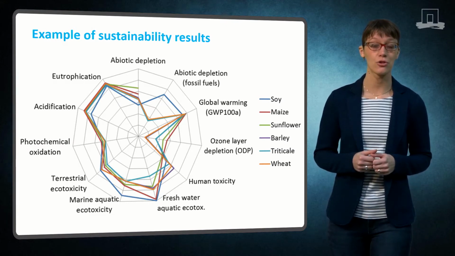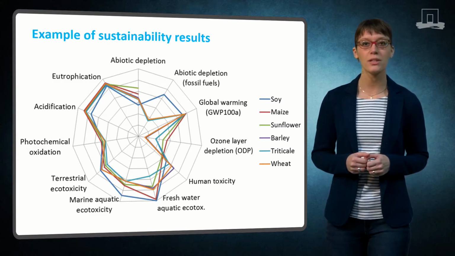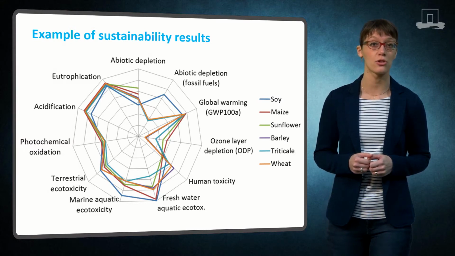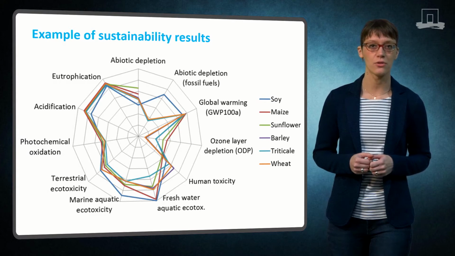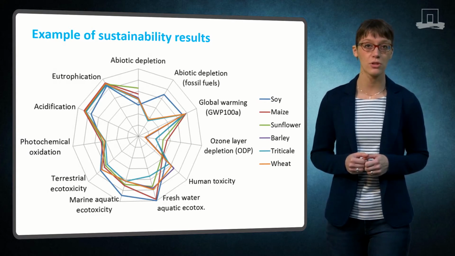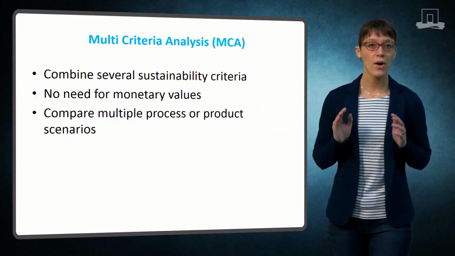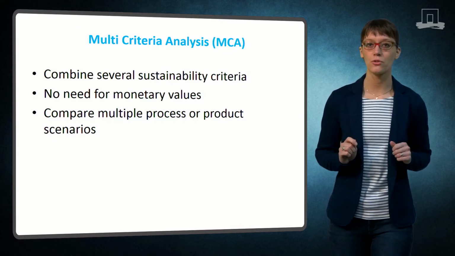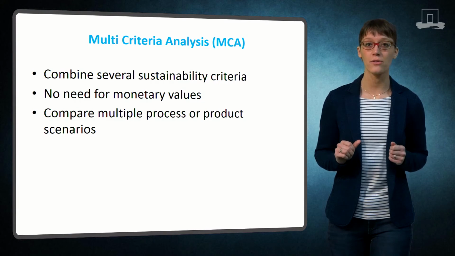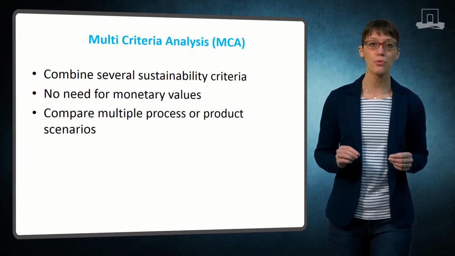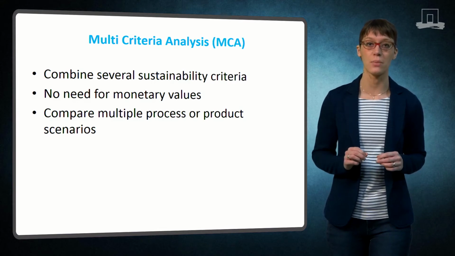Multicriteria Analysis, in short MCA, is a tool that helps in making decisions in such a situation. You might wonder now, what is the difference with the concept of weak and strong sustainability? Well, MCA does not attempt to use monetary values for evaluation. This has several advantages, because it can be difficult or undesirable to put a price tag on all aspects of sustainability.